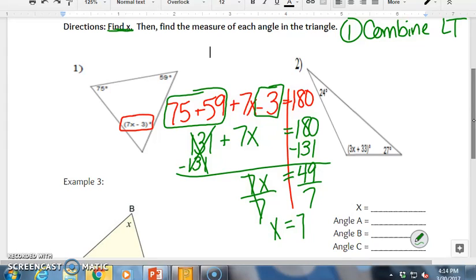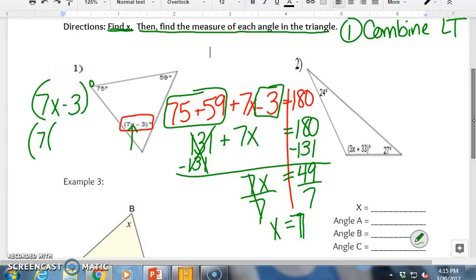Now, what you guys have to be careful of is to read these directions. It says find x. And then we have to find the angle measurement. So look at this. We got x equals 7, but that is not what the angle measurement is. That is just what we need to plug in to 7x minus 3 to get the actual angle measurement. So we're going to have to plug 7 in for x and simplify.